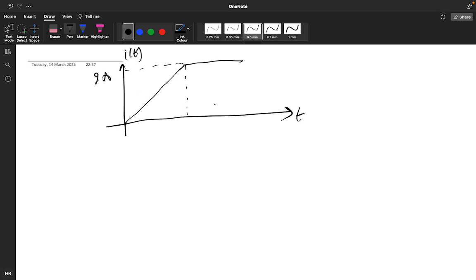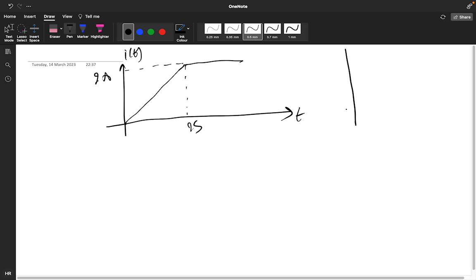This is 2 ampere, this is 2 second, and the voltage waveform we are getting like this, 2 volt, and this is 2 second. This is v of t. In the options they had mentioned whether it will be a capacitor, an inductor, or a resistor.